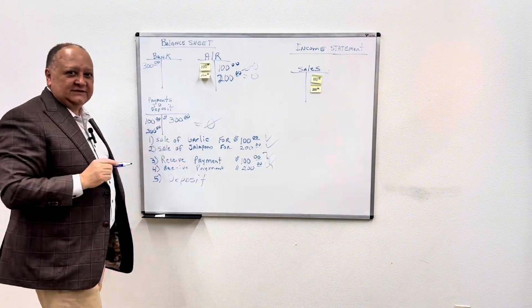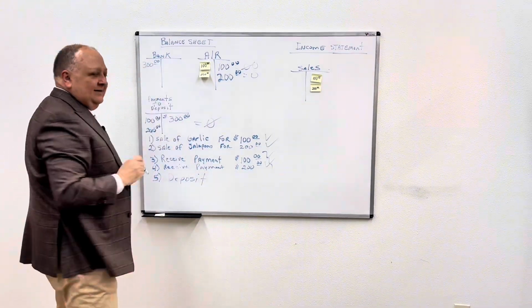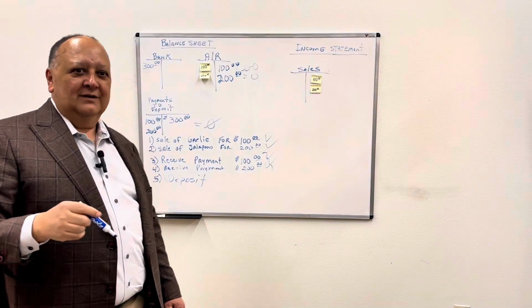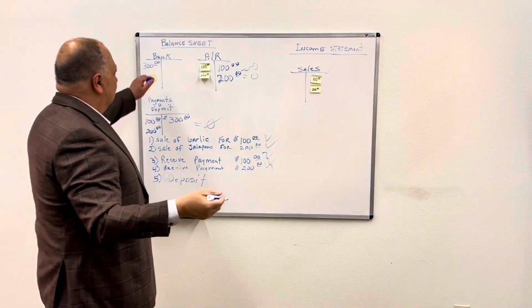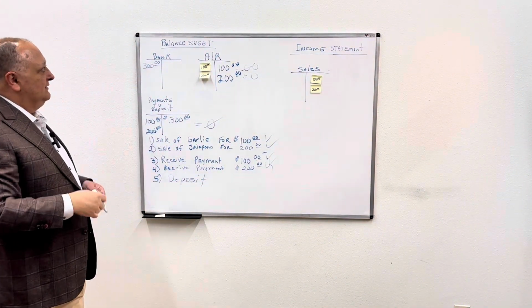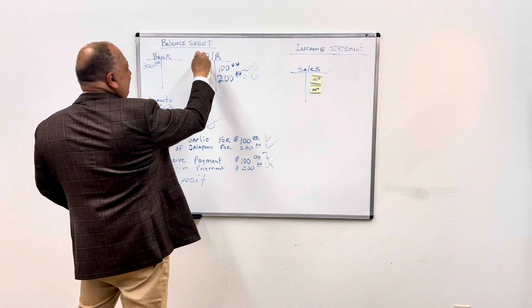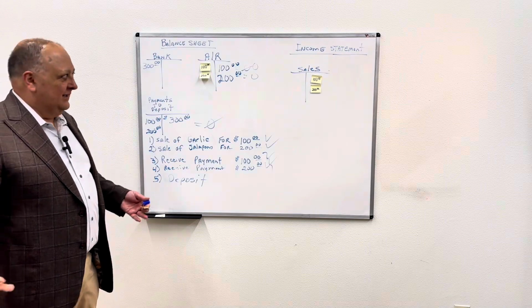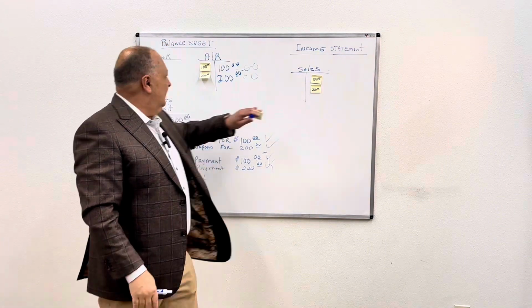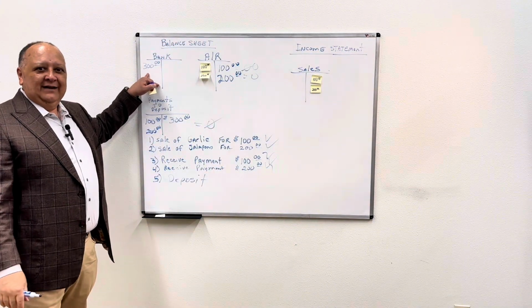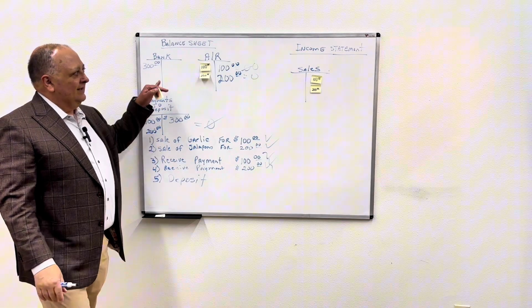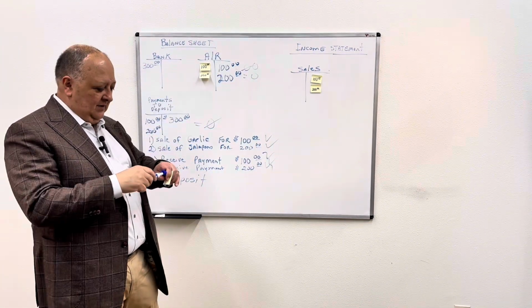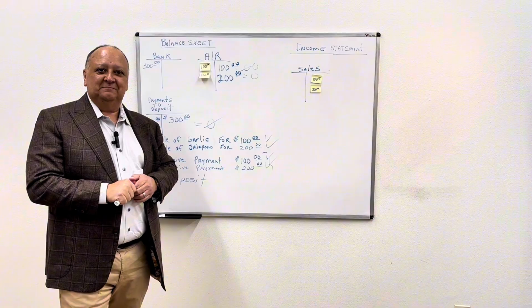Payments to deposit goes to zero, and your bank has $300 sitting in the account. When you physically take it, the bank will deposit the money into the account. So when it's all said and done, this goes to zero, this goes to zero, and transactionally what happens is you have a $300 sale and $300 going to the bank. That's the way QuickBooks works in the background with the accounts receivable.